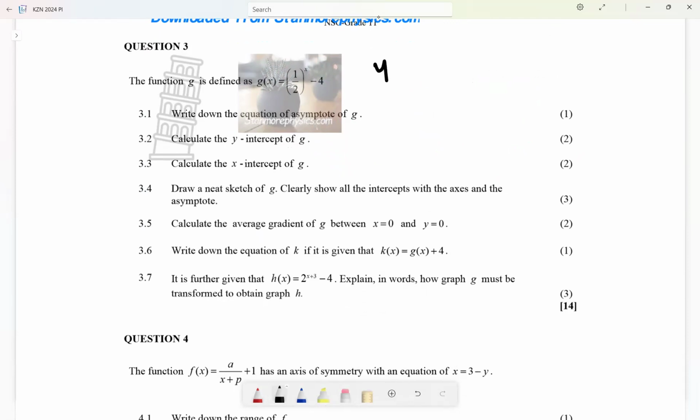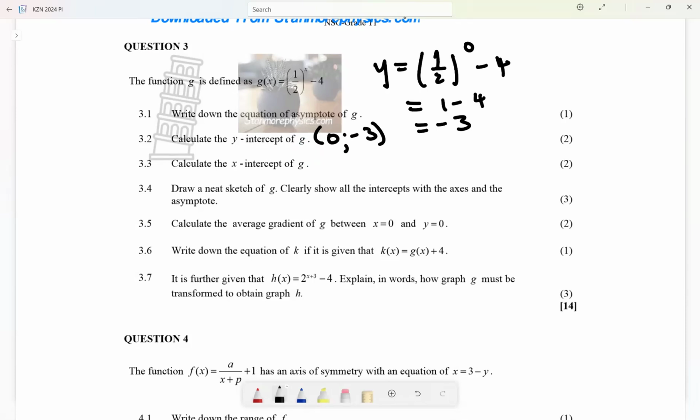So y is equal to 1 divided by 2 to the power of 0 minus 4, which is 1 minus 4, which is equal to negative 3. So the y-intercept is, when x was 0, y was negative 3.